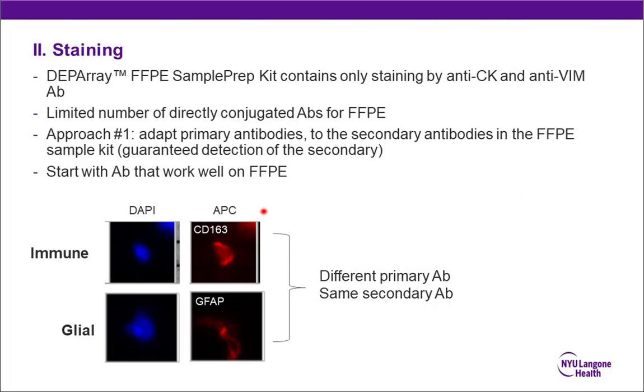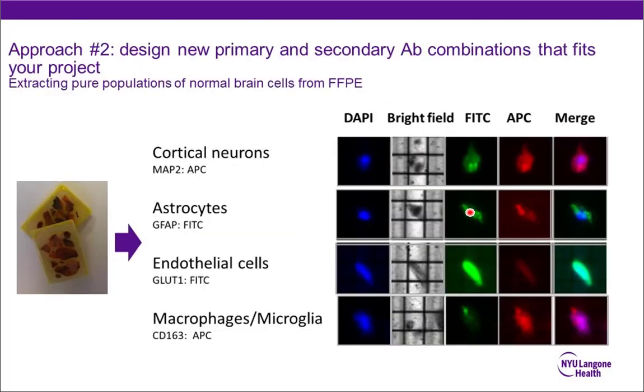Do not start with antibodies that work well only on flow or only for Western blotting, because at the end of the day, the tissue that you're dealing with, and your artifacts and antigen retrievals, are still FFPE. So that would be my recommendation. You can use a different primary antibody as long as you use the same secondary antibody. But that's not always possible, because the secondary antibody from Menarini will recognize only some of your primaries. So eventually you'll have to design new primary and secondary antibody combinations that will fit your project.